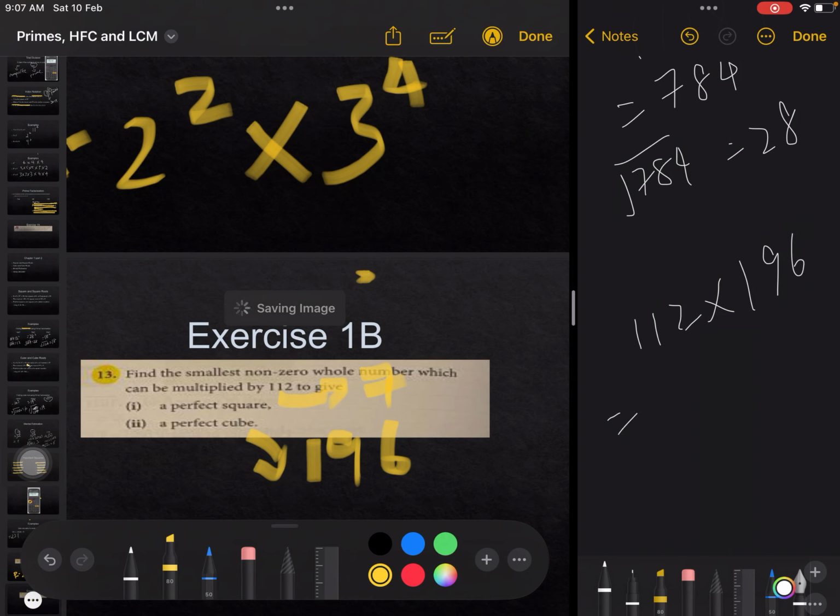Key calculator, we have 21952. To double check, we cube root this 21952, shift cube root, the answer is 28. So this is also a perfect cube.